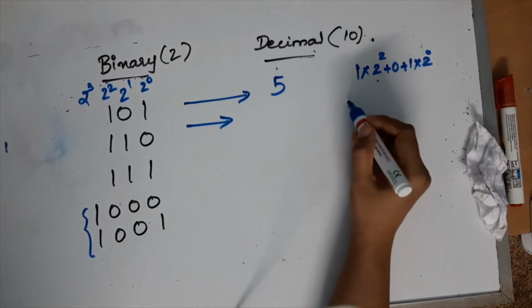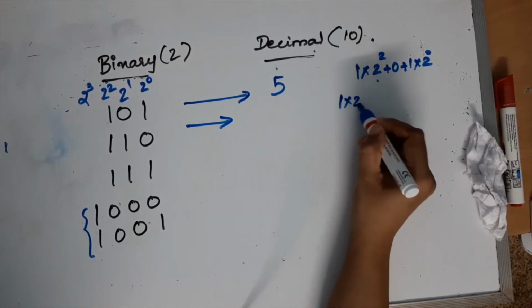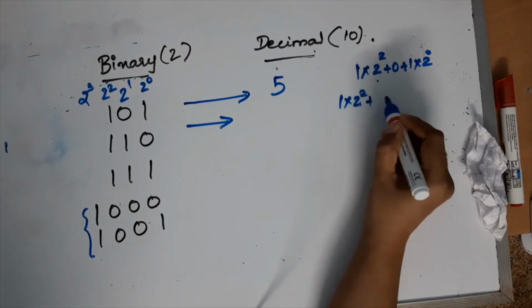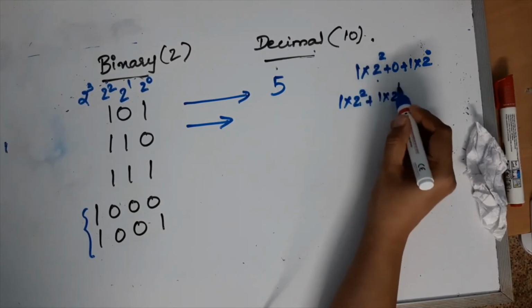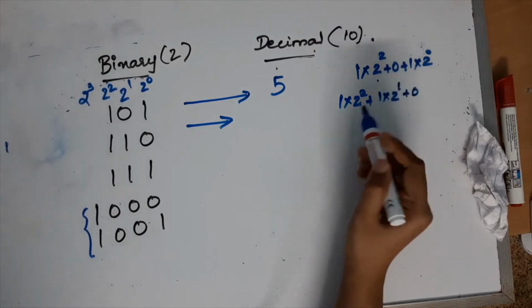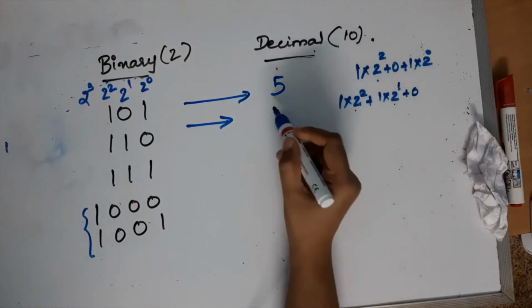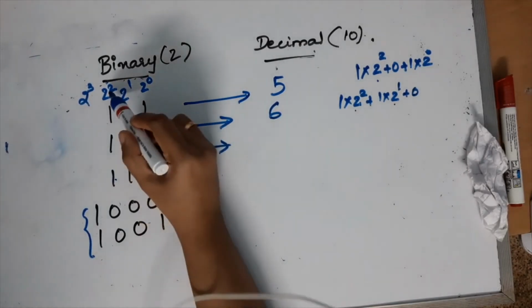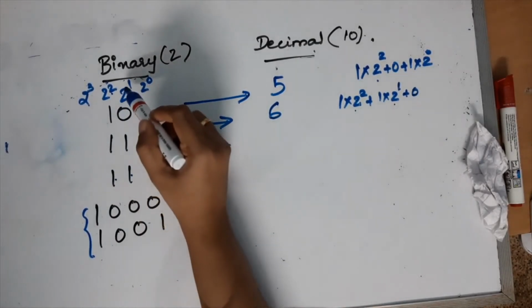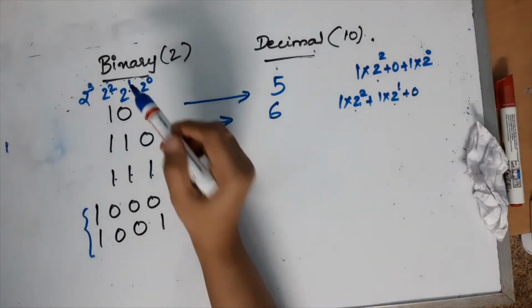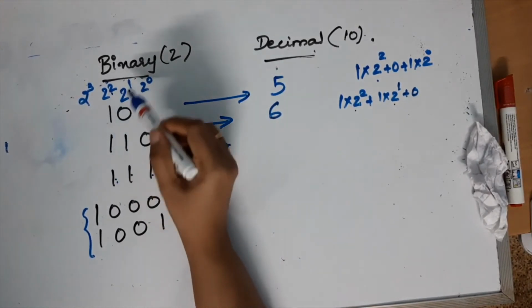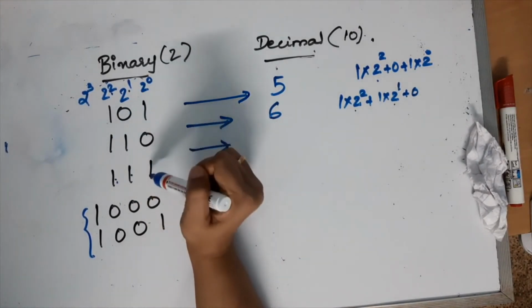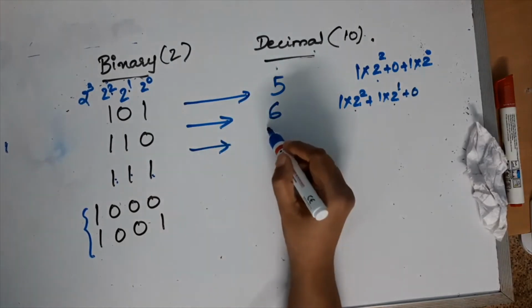This will be 1 into 2 raised to 2 plus 1 into 2 raised to 1 plus 0. That is 4 plus 2, that is 6. Here, 2 raised to 2 plus 2 raised to 1 plus 1 into 2 raised to 0. So 4 plus 2 plus 1, that is 7.